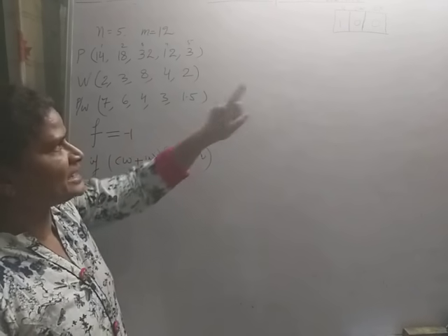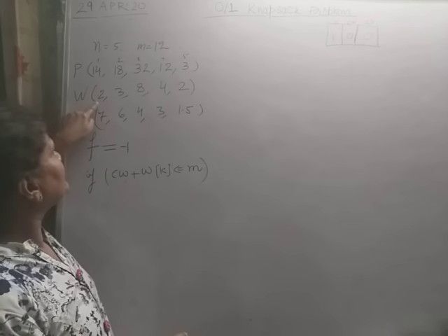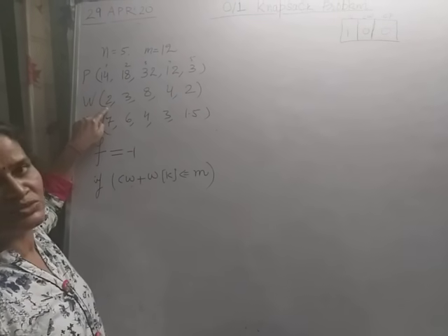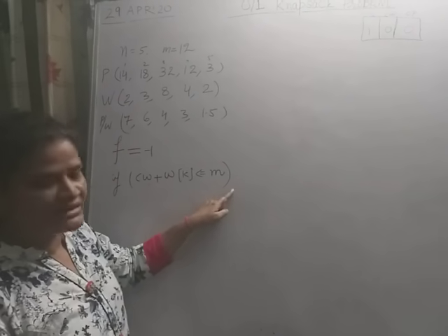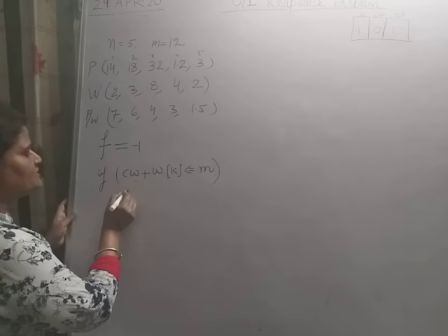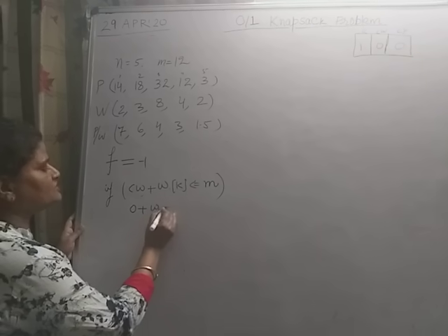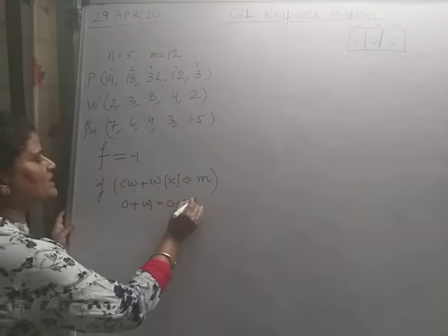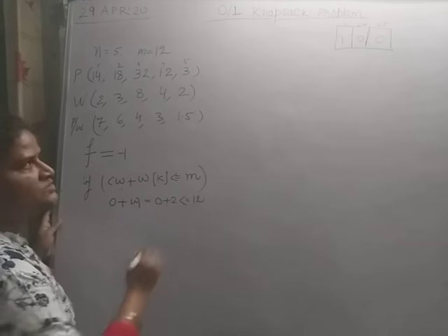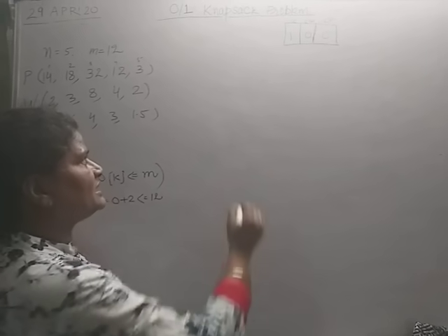Here at this time the current weight is 0 and W1 is 2, so this condition is satisfied. CW plus W1, that is 0 plus 2, is less than or equal to 12, so we move to the left branch.